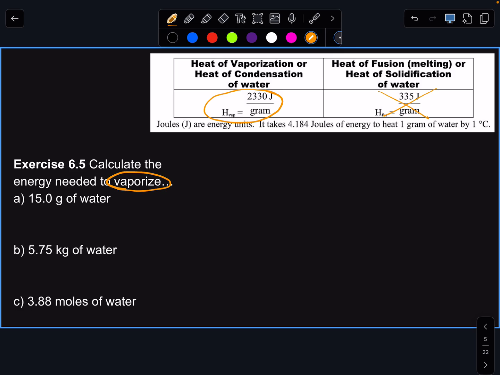So I'm going to take my given. I'm starting with 15 grams of H2O. I need to convert grams into energy, which is given up here, grams to joules, and joules are a form of energy. So like a good stoichiometry student, I'm going to put grams of water on the bottom and joules on top, because that's what I'm converting into.